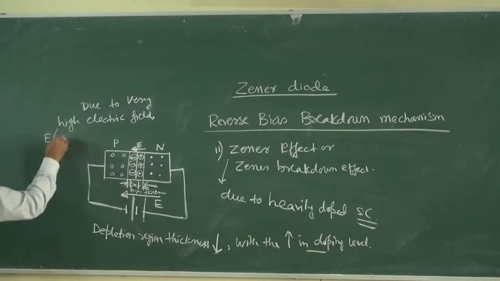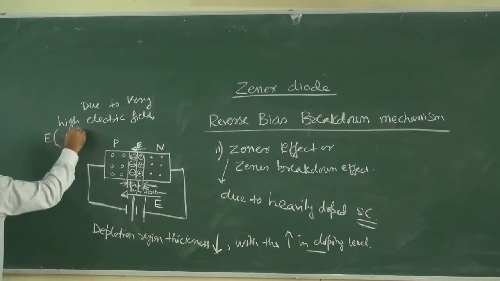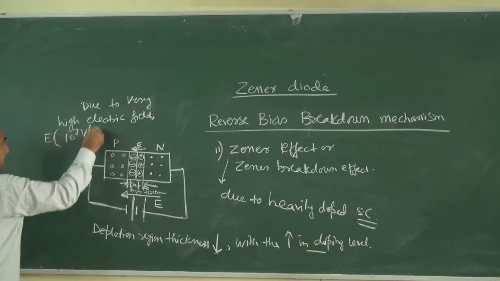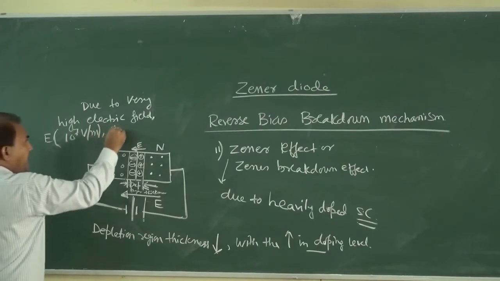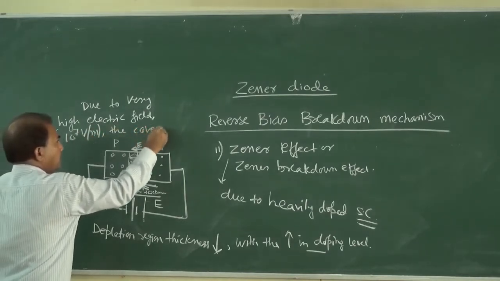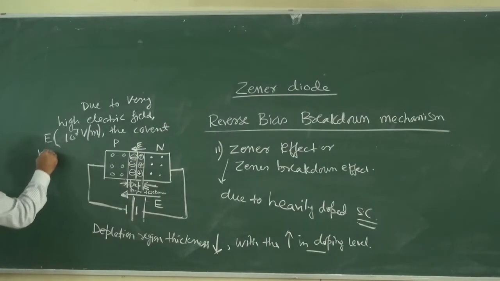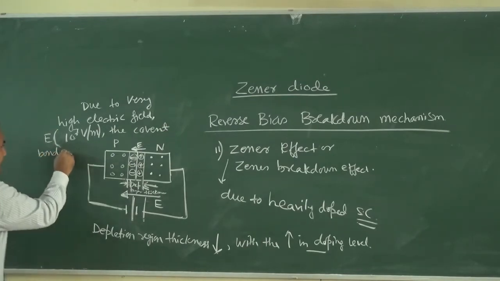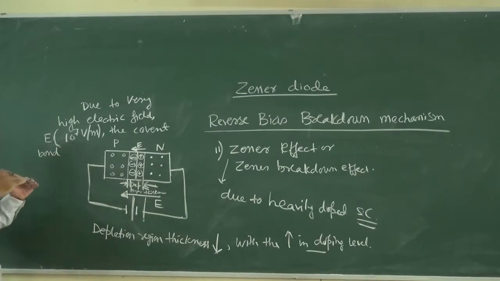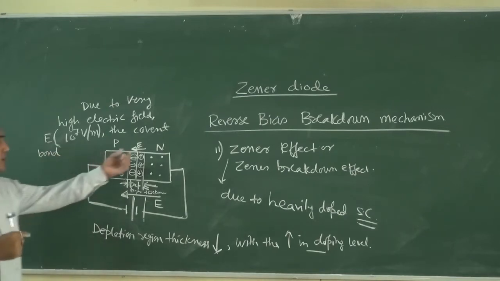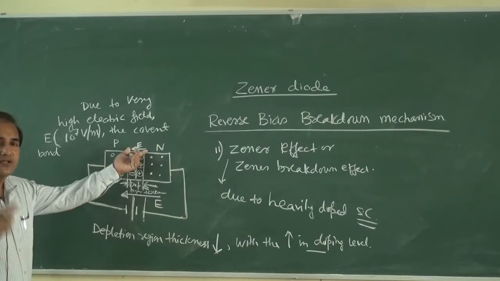That is, E is in the range of 10 to the power 7 volt per meter. The covalent bond is broken due to this very high electric field.